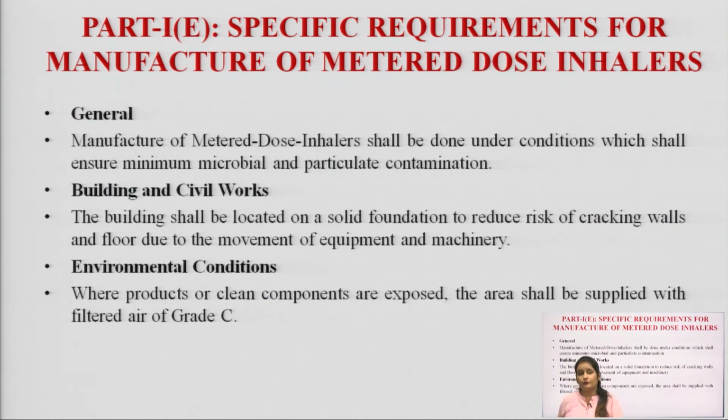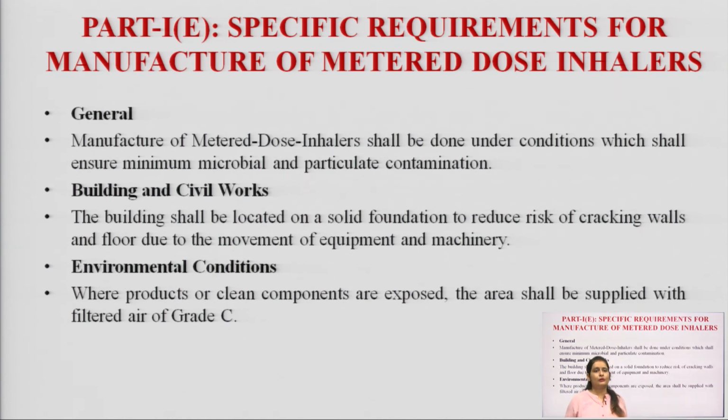Okay. So, part 1E is the requirement for manufacture of metered dose inhalers. The general requirement is that building and civil work and environmental conditions shall ensure minimal microbial growth and particulate contamination.